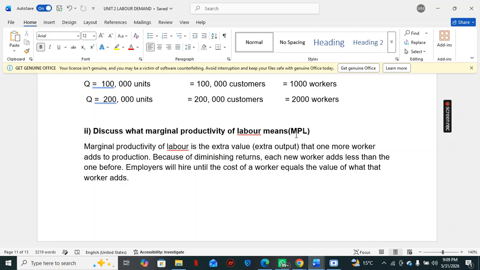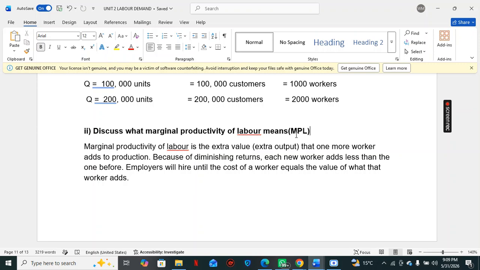As a firm, the more workers that you hire, they're going to bring in extra output, to a certain level. It doesn't mean if you continue hiring workers forever, they'll always be bringing extra output. No. To a certain point, each worker you bring in is going to be bringing in extra output.